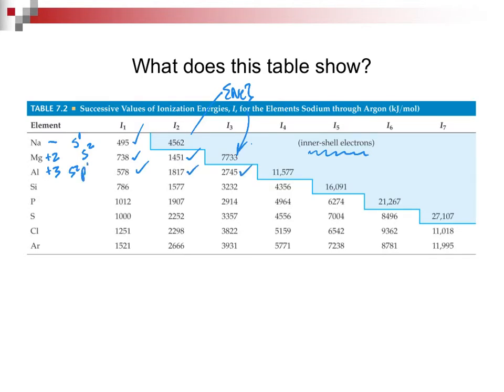Aluminum is an s2p1. Then all of a sudden, I have to go into the full shell. So this is insight, I would call it. It's not a fact. It's not memorization. It's using the facts that you have taught yourself in order to solve a new problem. Now, you may see any element on the periodic table on your exam. You should be able to think about what's the electron configuration and why is there such a big jump.